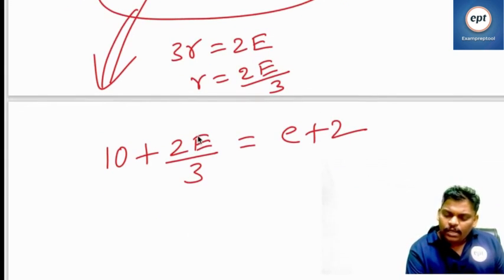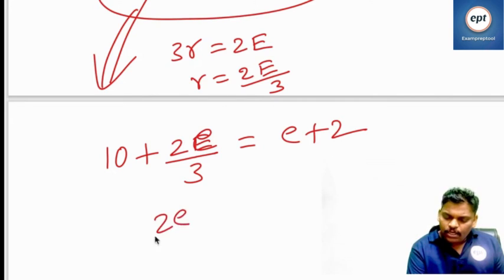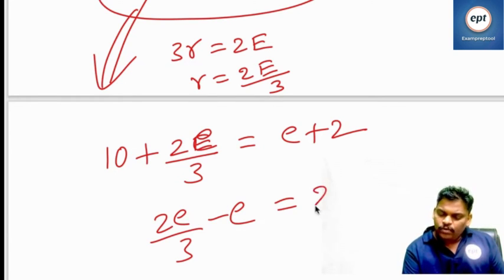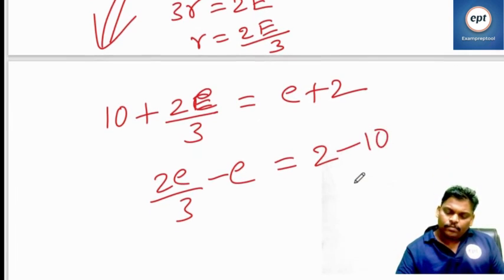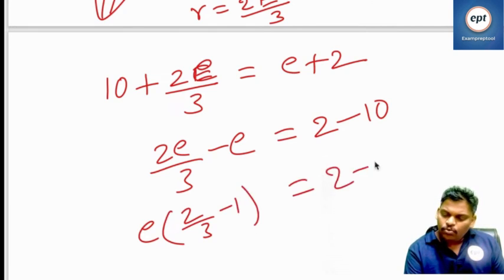Small e or capital E doesn't matter. Bring E this side: 2E by 3 minus E is equal to 2 minus 10. Common E: 2 by 3 minus 1 is equal to 2 minus 10.